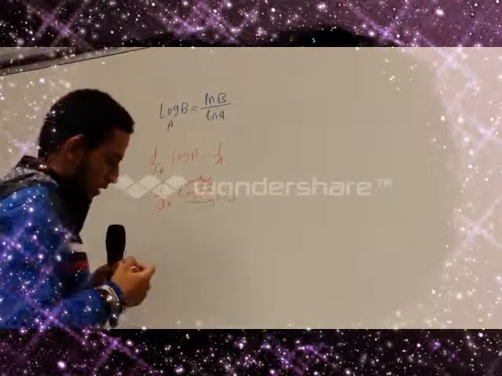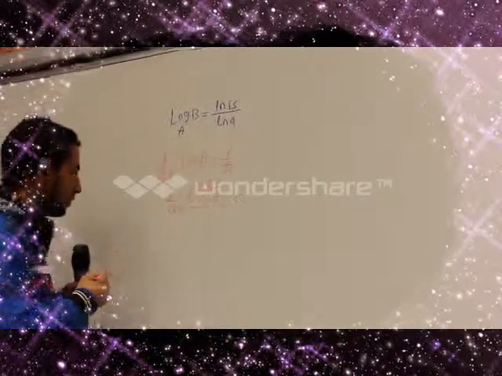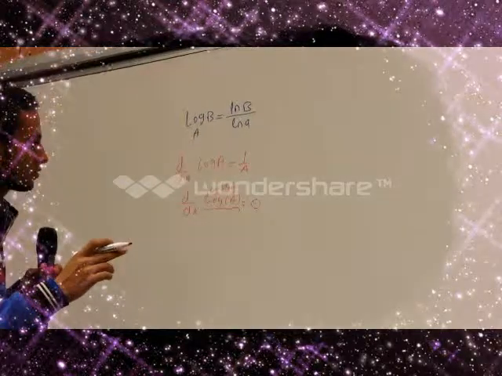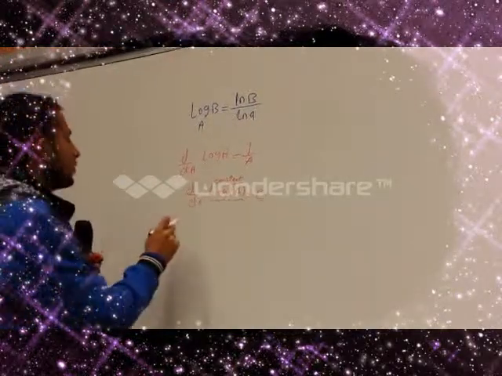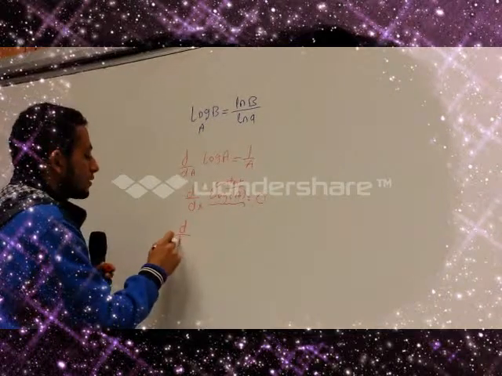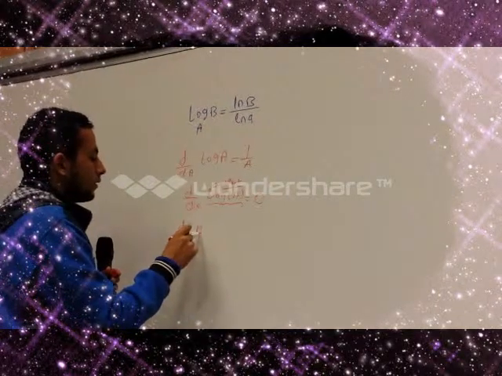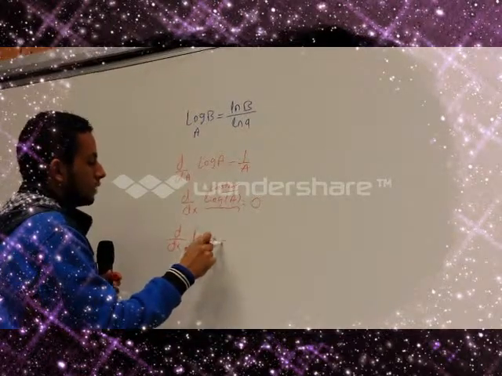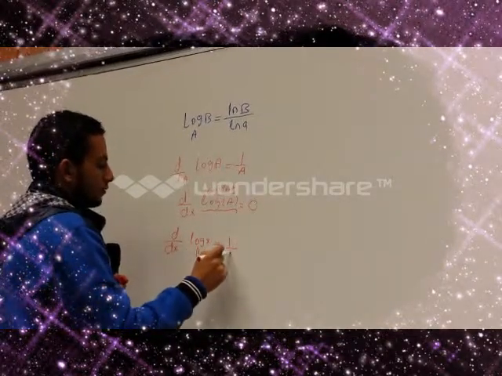Okay. Or what if I want to integrate? Let's move to integrate. And before moving to integration, let's differentiate d over dx of log a to x. It becomes 1 over x.